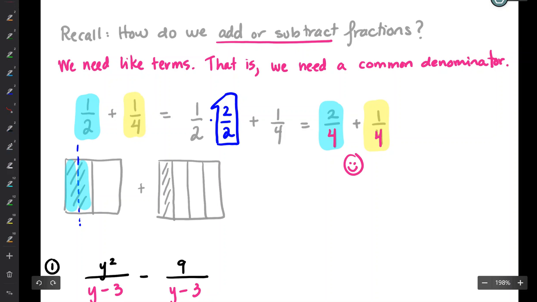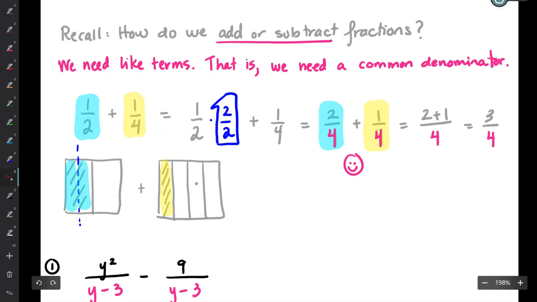We have like terms. 2 of these things plus 1 of those things is 3 of those things. And what are those things? They're called fourths, right? So we get a common denominator, we add our numerators, and the denominator is left alone. It is the name of the object.